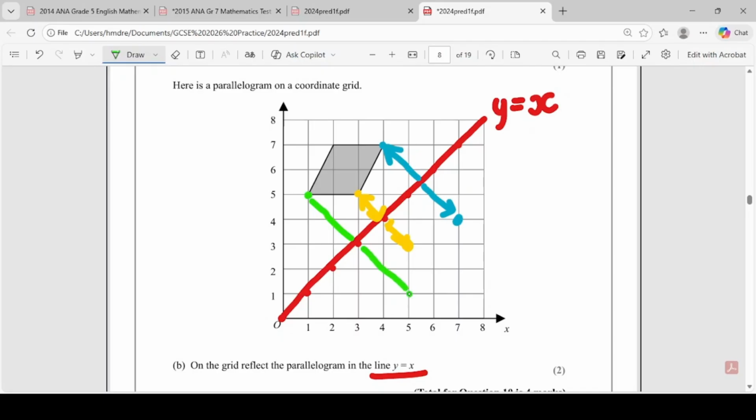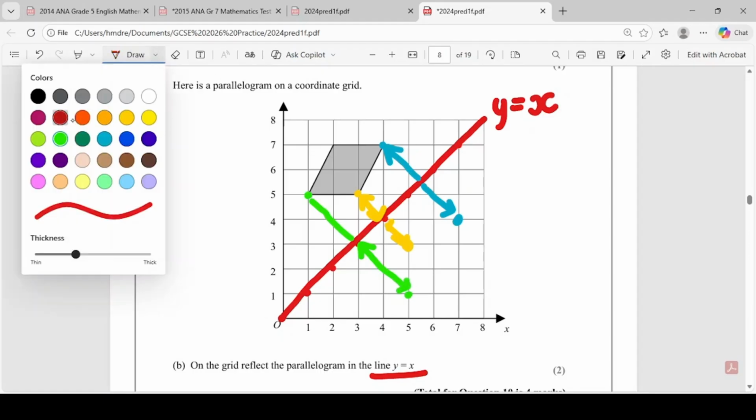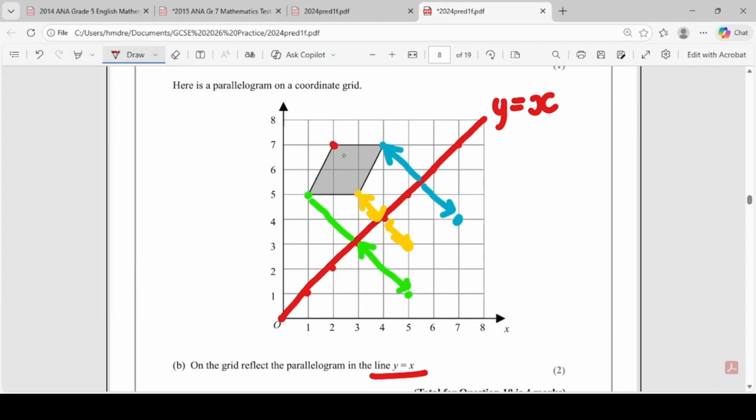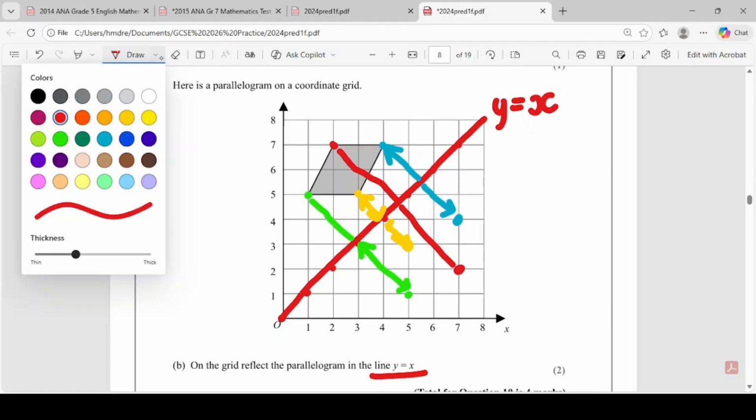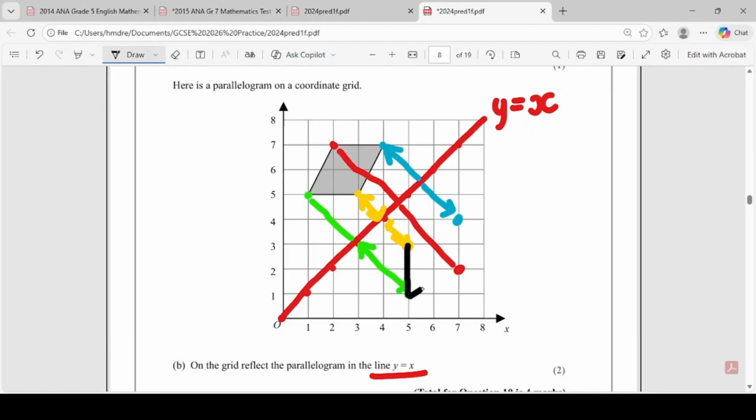But yeah, it is 2. Okay, and then the final corner. This one is 1, 2.5. 2.5. And then we just redraw the parallelogram with these new points. And that is the reflection that they wanted.